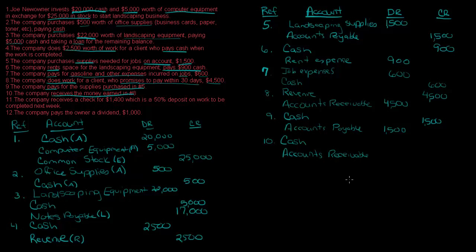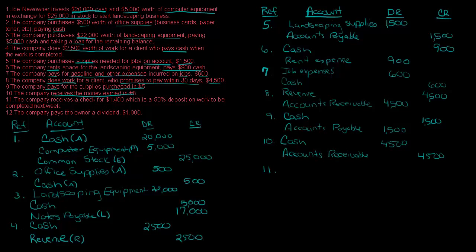So which one's my debit? Well, my cash is going up because I received payment, so my cash is increasing by $4,500. My accounts receivable is decreasing because their balance is going from $4,500 to zero. So I'm going to credit the account to show that my accounts receivable is decreasing.